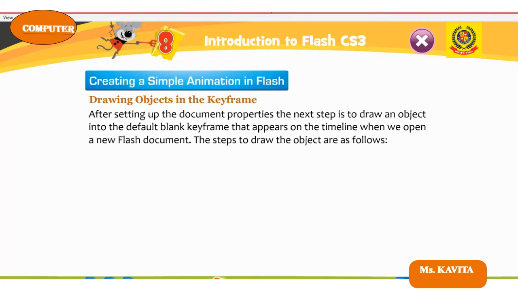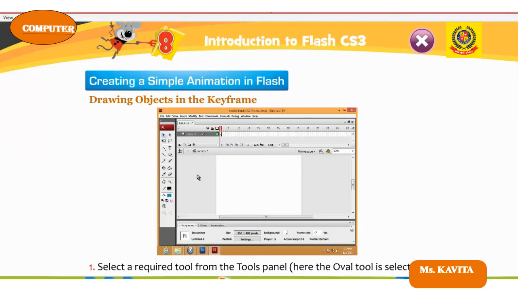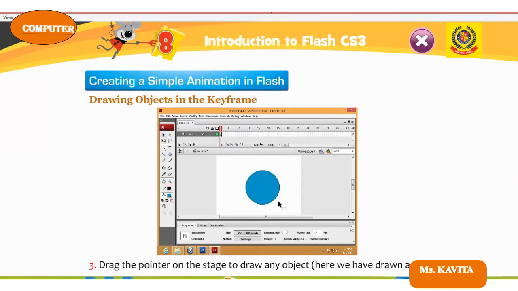Drag the pointer on the stage to draw any object. Drag the object to the position where you want it to be the start of animation. Now remember, if a keyframe is blank, it will have a blank dot over it. When a keyframe contains some object or picture, a solid black dot is seen over it on the timeline.